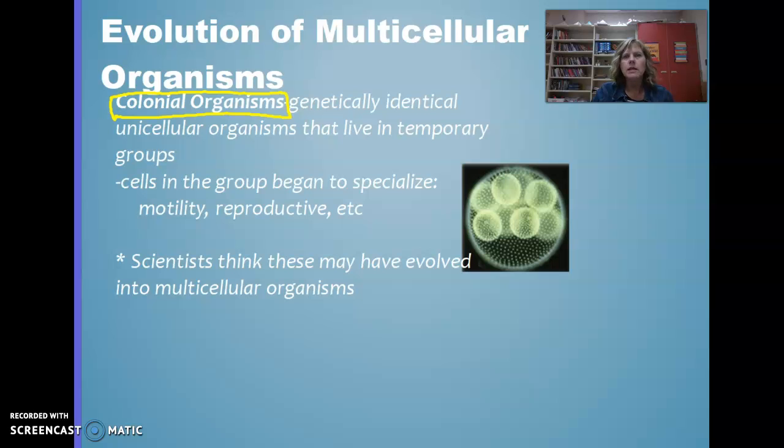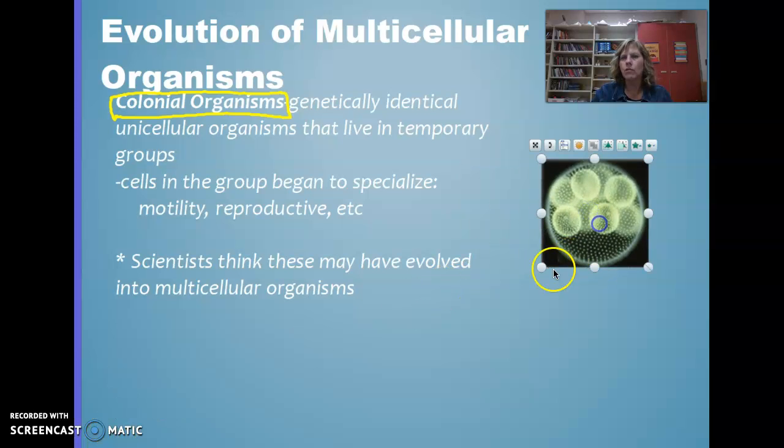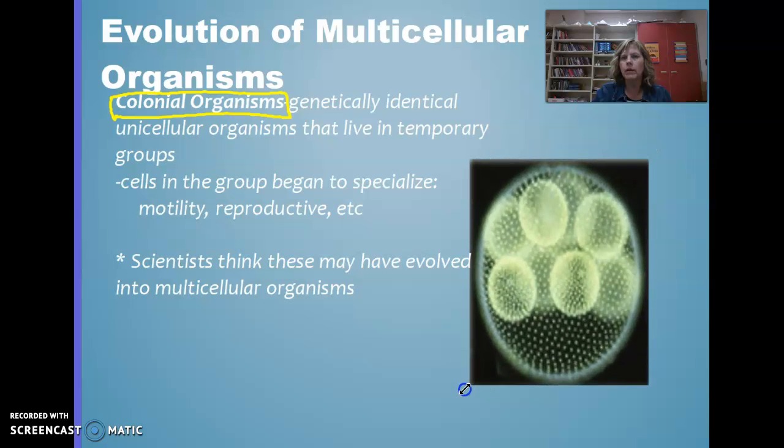And if you remember from 10th grade biology, I know we mentioned this same thing. There is something called colonial organisms, and this Volvox is a really good example of one, where these are single-celled organisms that cluster together in groups, and when they stay together in a group, it forms a membrane around the colony. And once they're in a colony, the cells begin to specialize.